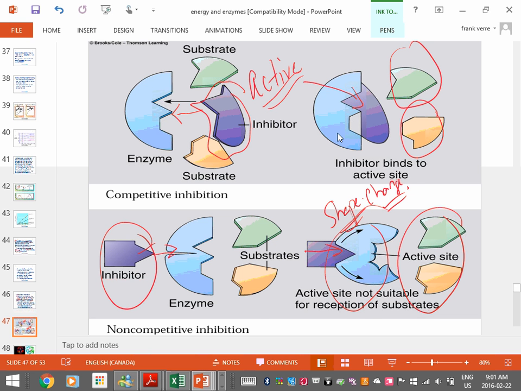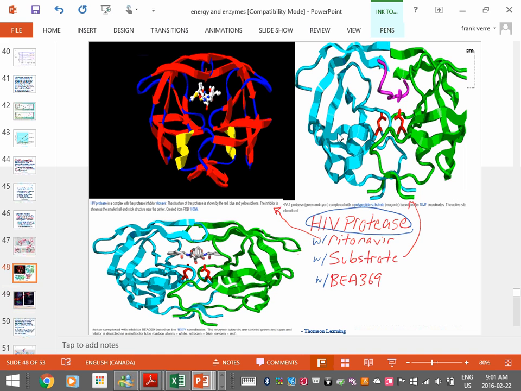Okay, so these are examples. I'll show you a neat little picture. This is an enzyme. Now, these three things here might not look the same because I pulled them off three different sites. They're all the same enzyme.